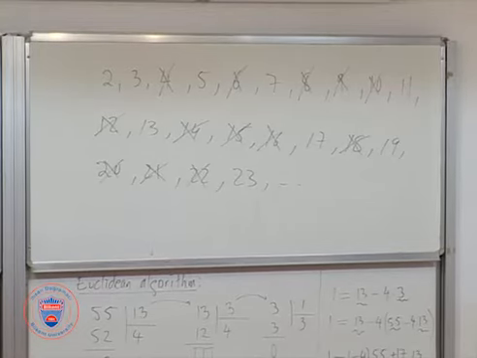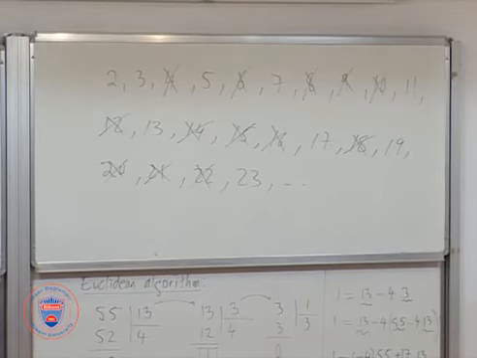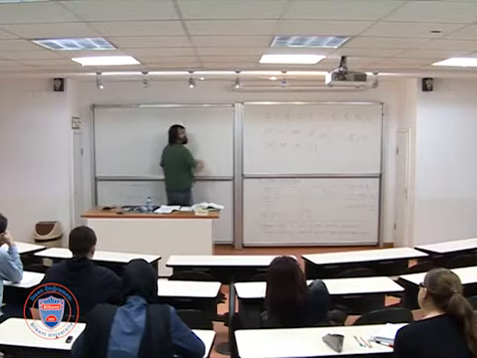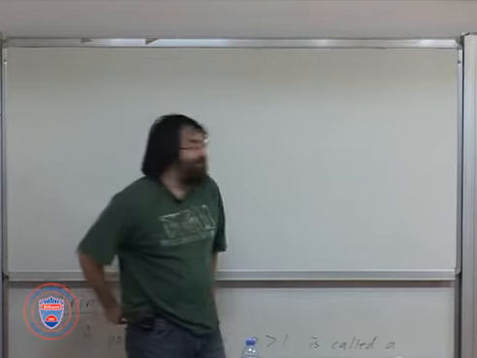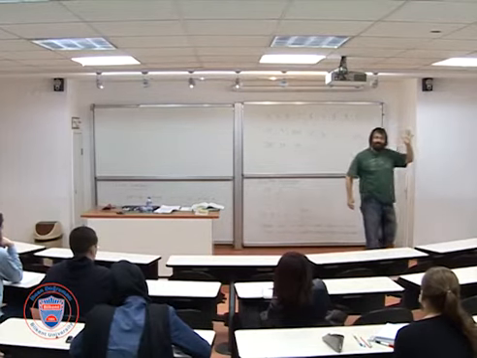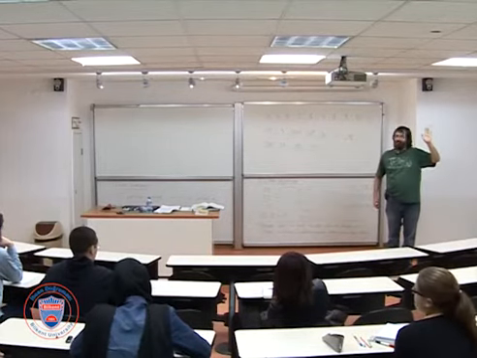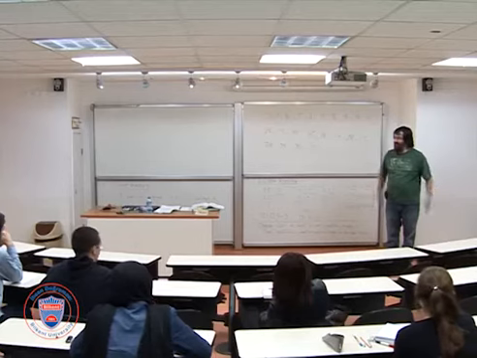Do they stop to exist after a while? You have to prove it. So how many people know if there are finitely many or infinitely many primes? Finitely many? Raise your hand. Infinitely many? Okay, so we know there are infinitely many.